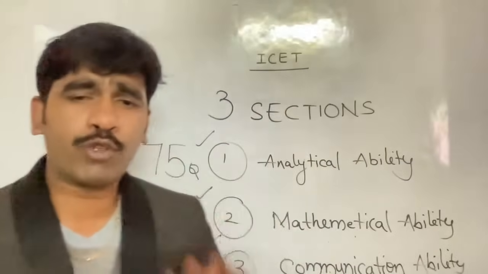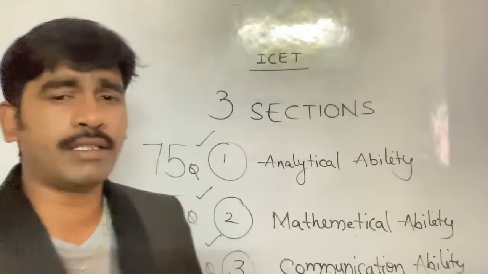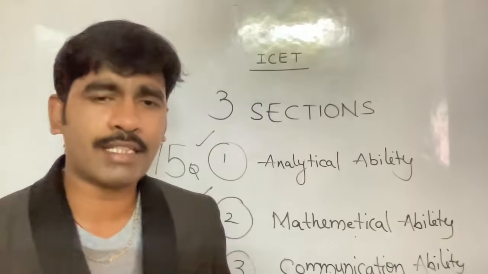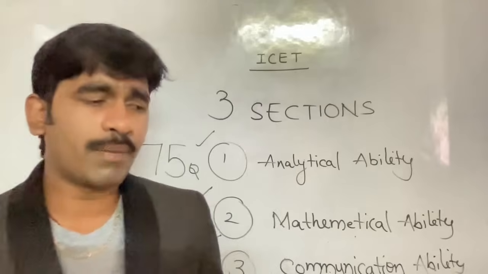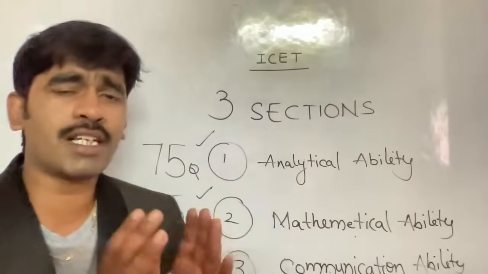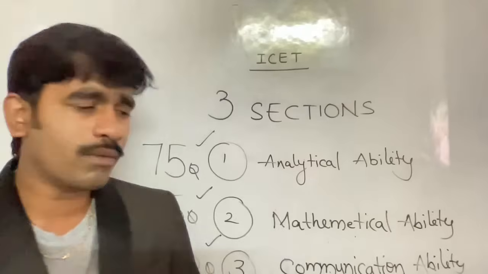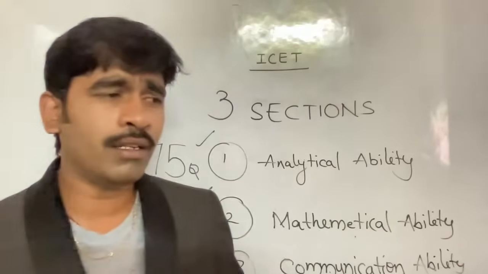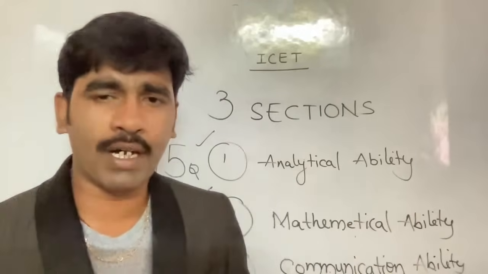So we have to understand how we can solve these questions in less than 1 minute. What are the sections which are easy? I just want to tell you one thing which is very clear: the ICET examination is conducted for 200.